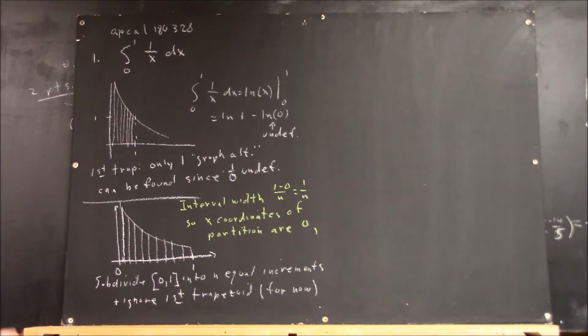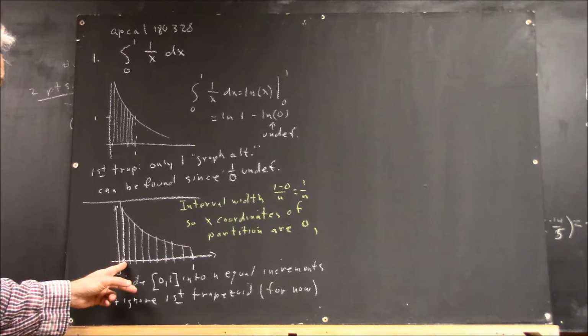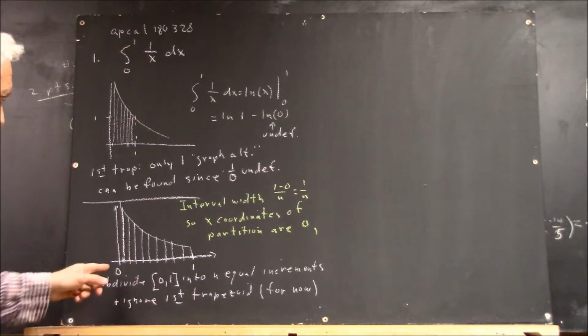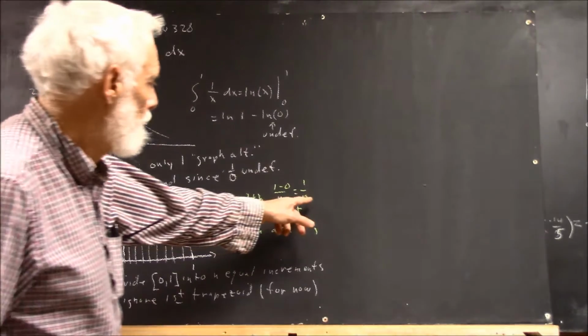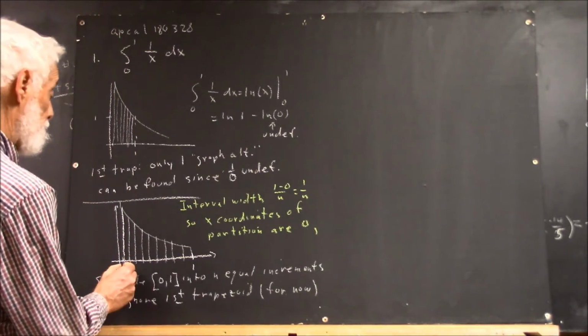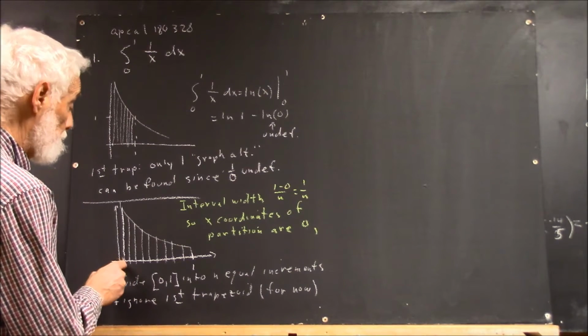And what's the coordinate of the first point at which you need to evaluate? X naught. I'm sorry? Is that x naught? No, this would be x naught, and that would be x sub n, but we want to be specific because we have a specific interval width now. So how wide is this interval? It's 1 over n. Okay, and it's 0 here, so what's the coordinate here?